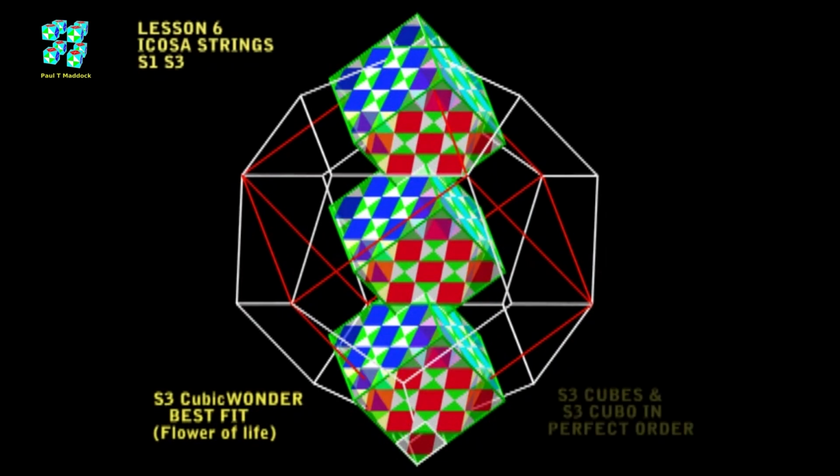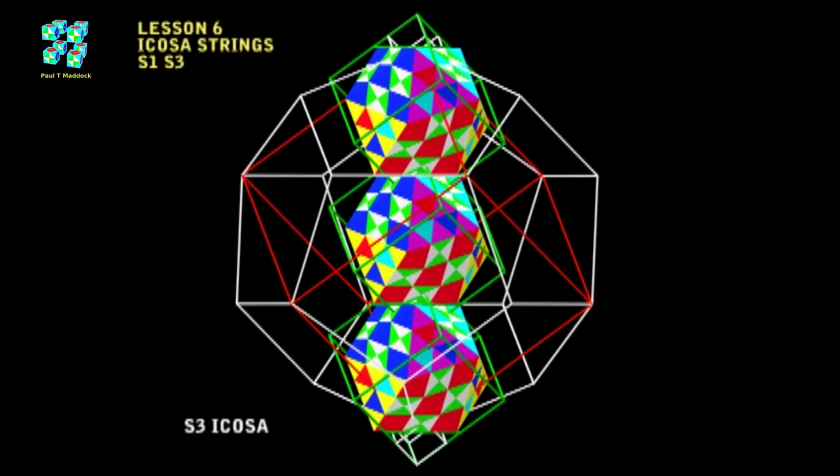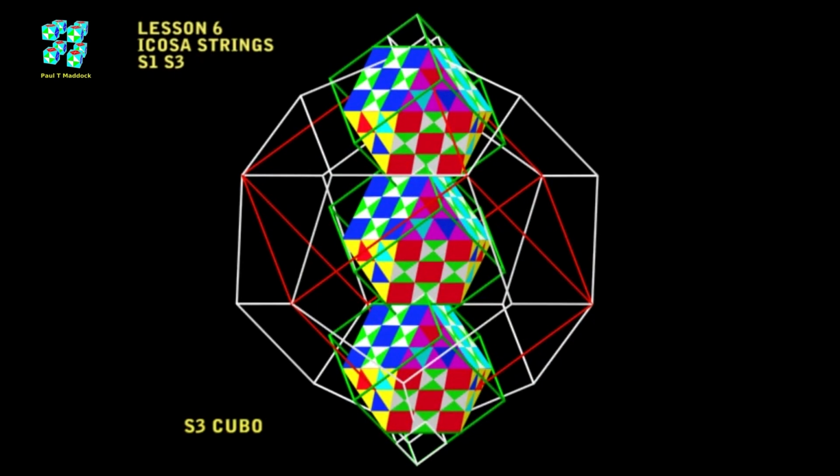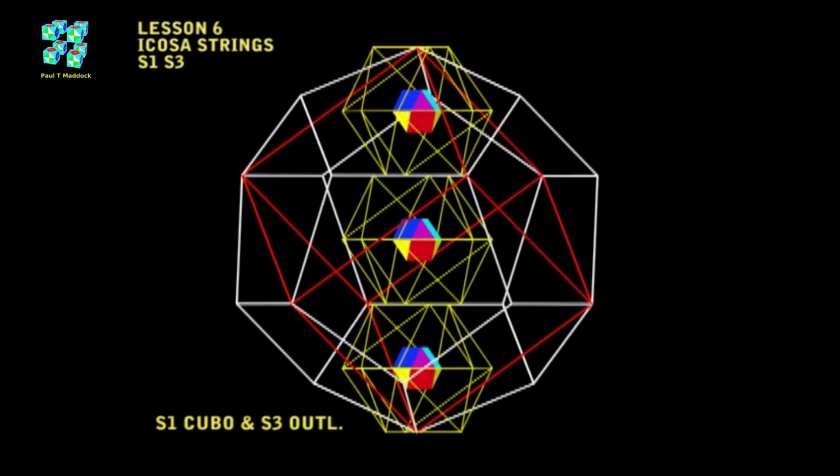It shows these 3 cubes splitting into the cube octahedron and then to a size 3 icosa, and it shows the icosa lining up perfectly in 3 sections to the size 6 cube.